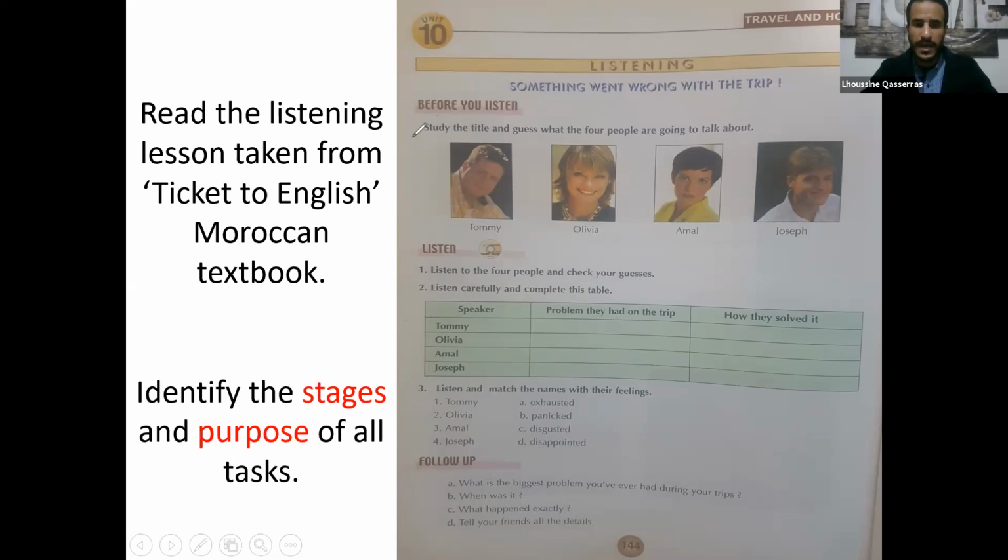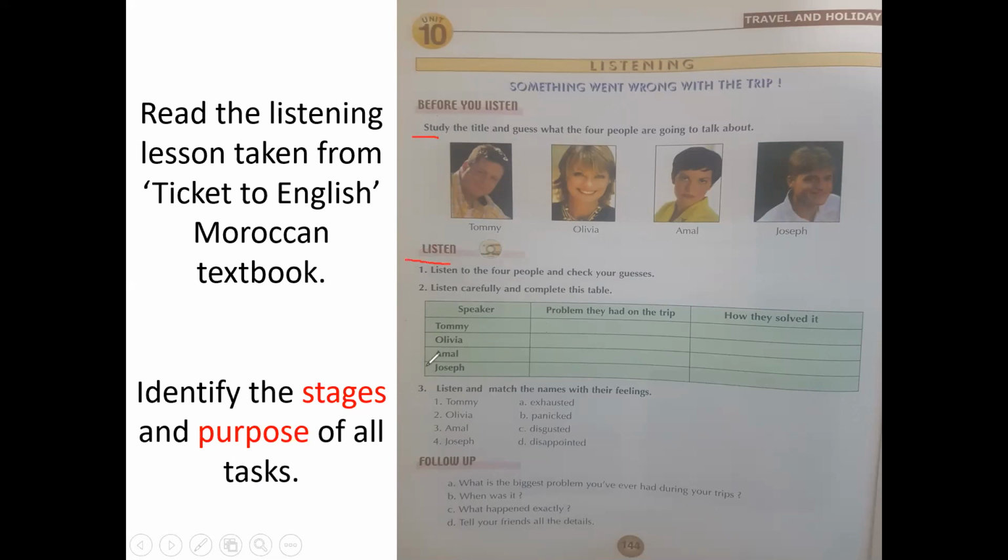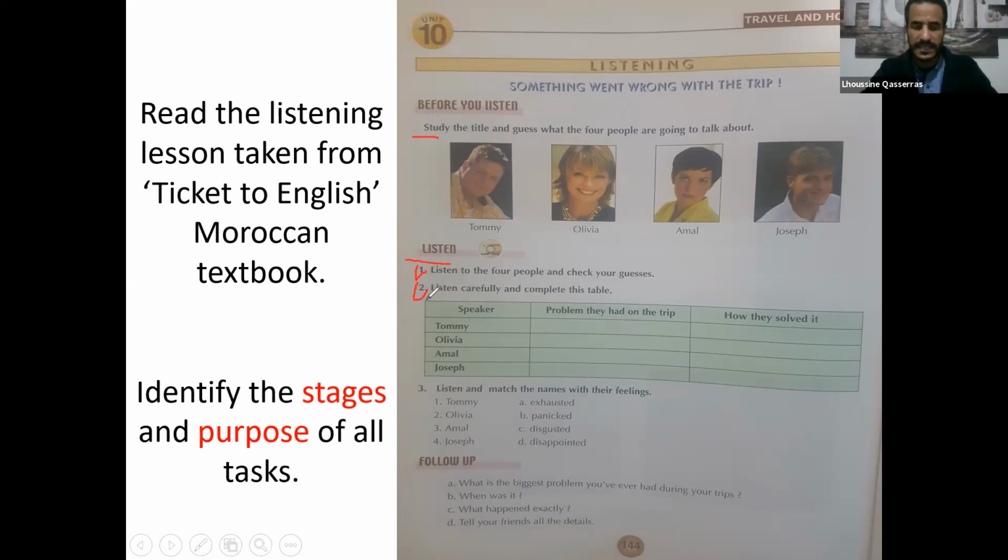This is number 1, study the titles. This is listen number 2. Okay, so 1, listen. Now we have listened a second time, then number 3, then number 4, and at the end we have follow-up. Great.